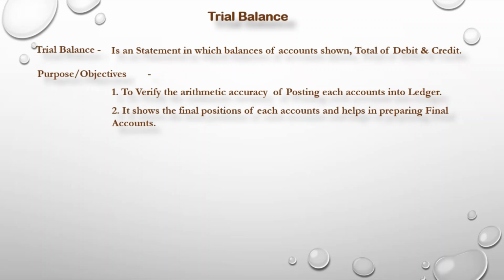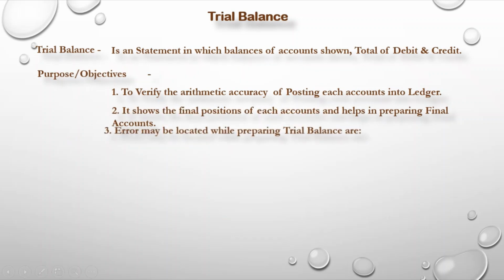After finding out each account's final balances, the accountant prepares final accounts on the basis of the trial balance statement. Here final accounts means the trading account, profit and loss account, and balance sheet. So you need to prepare your trial balance before preparing final accounts.